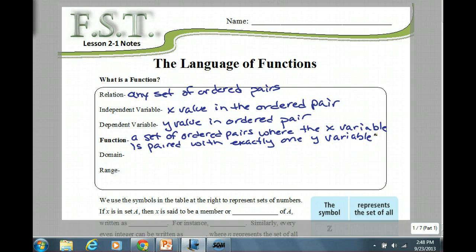Okay? So you'll never find in a function where an x has two different y variables paired with it. Right? A domain is always the x values in the function. And the range is the y values in the function.